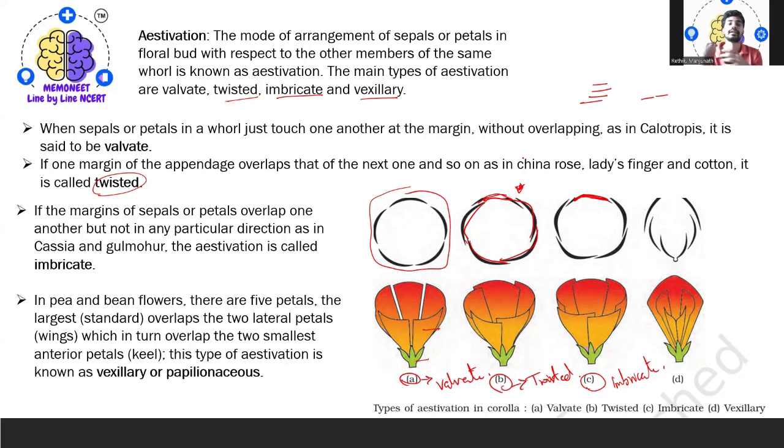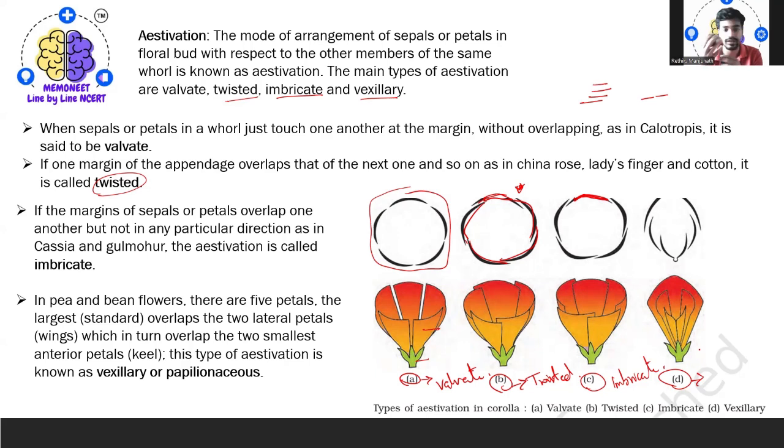Clear? The last one we have regarding aestivation is vexillary. In vexillary, as in pea or bean flowers, there are five petals.